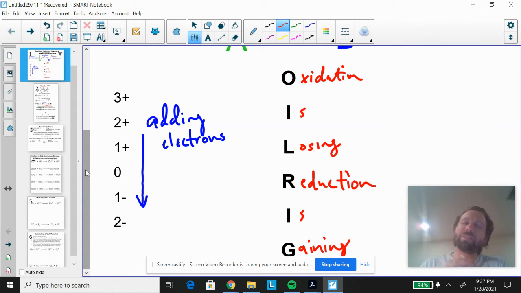It's been used for many, many years to help remember this, and I still remember it from my high school years. It means oxidation is losing and reduction is gaining, right? Really helpful to remember when you're doing some of the harder problems.